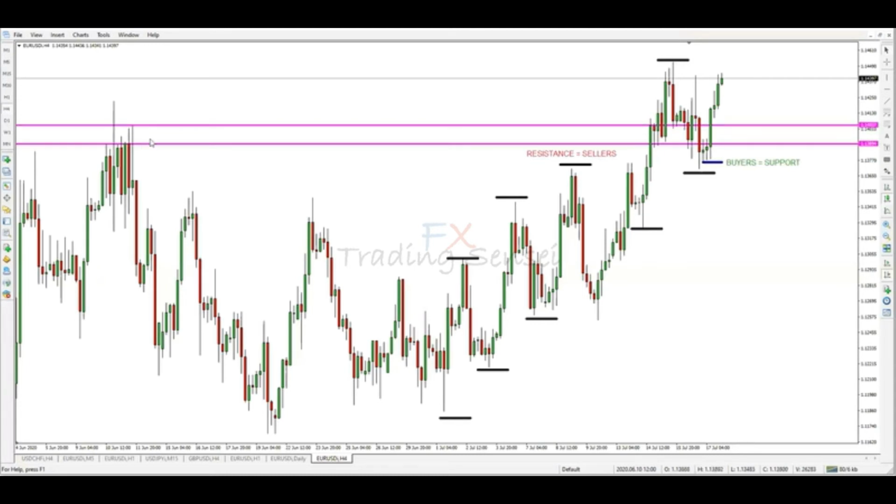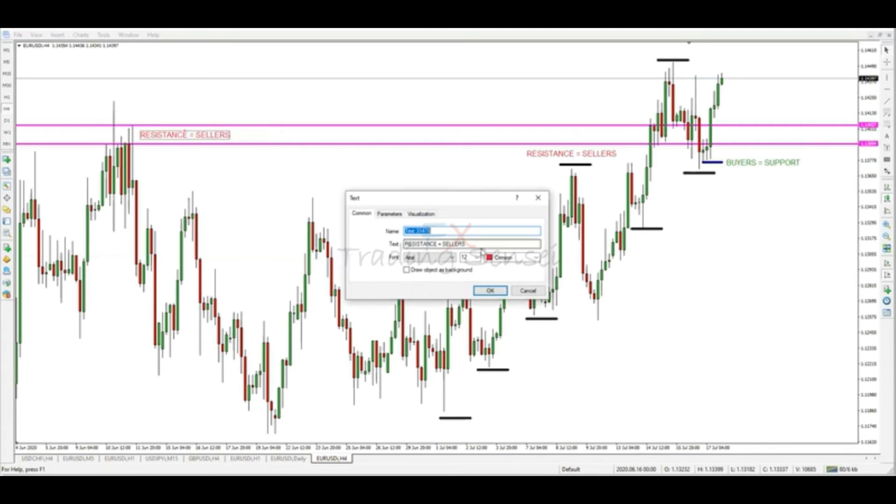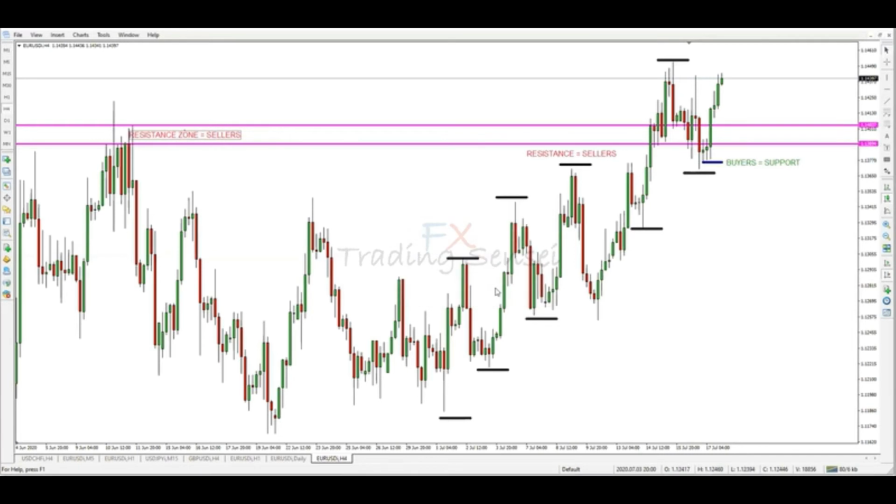This is a resistance zone. And you can see clearly that every time price got into that area, it sold off. It turned and dropped. That's because you have sellers in that resistance zone. So it's not really just a single price point, but it's a price region or zone.